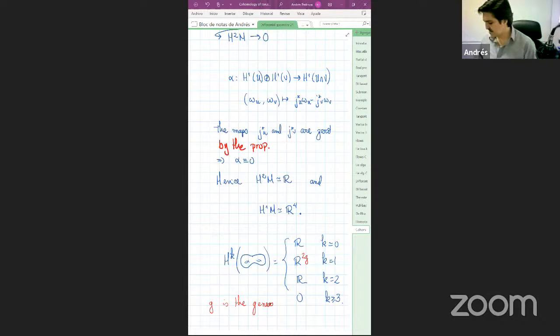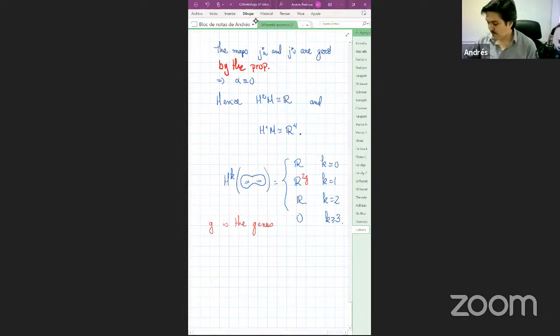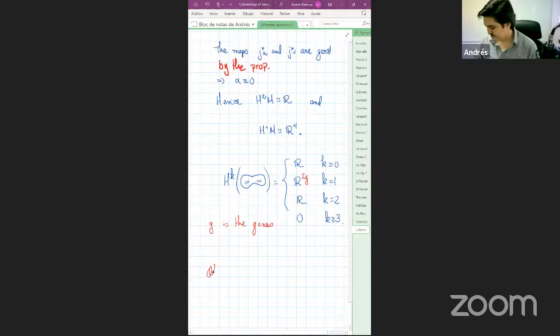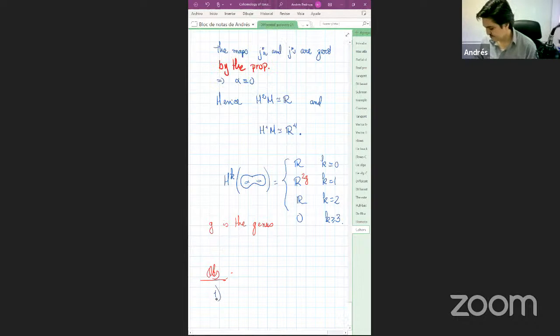Also, we didn't look very much into some other aspect, but we have only computed these vector spaces for some manifolds.